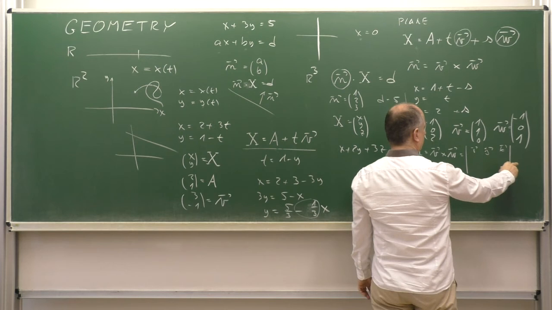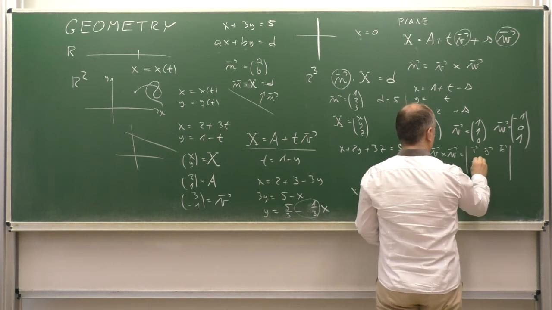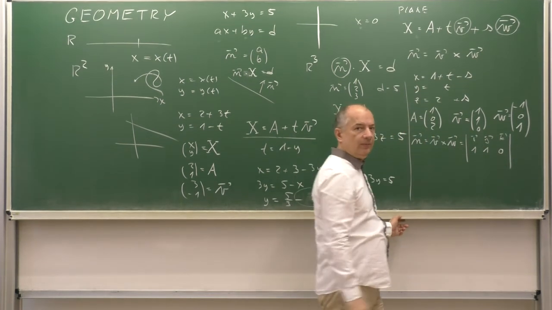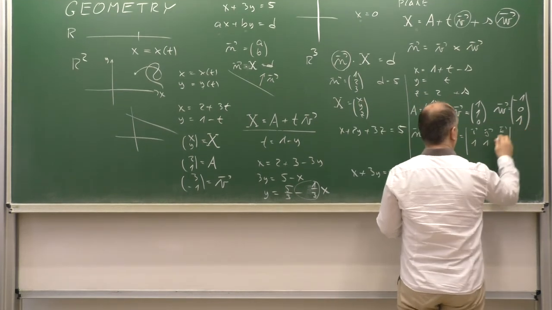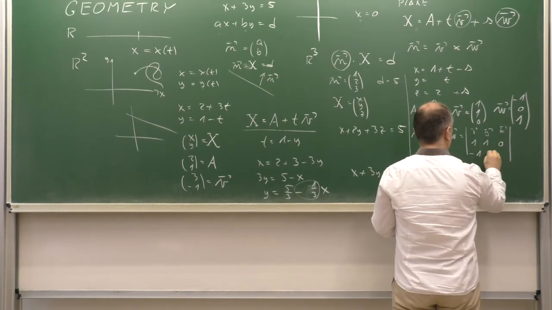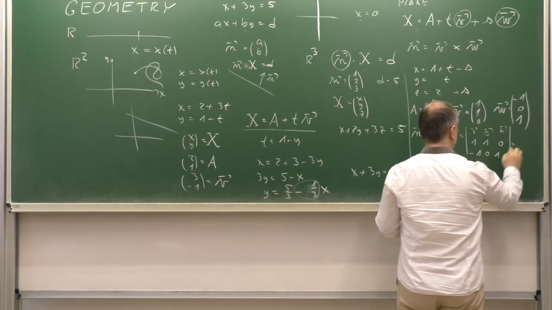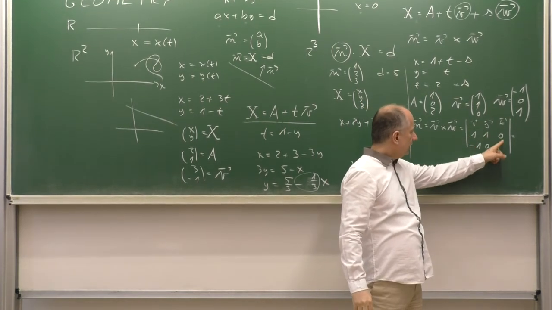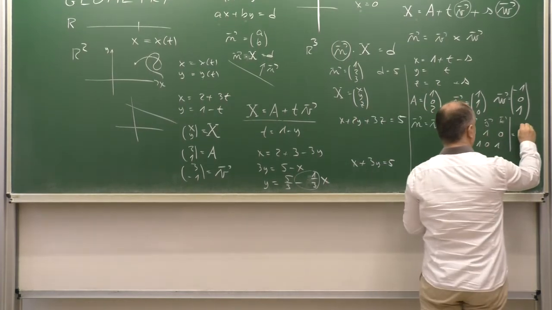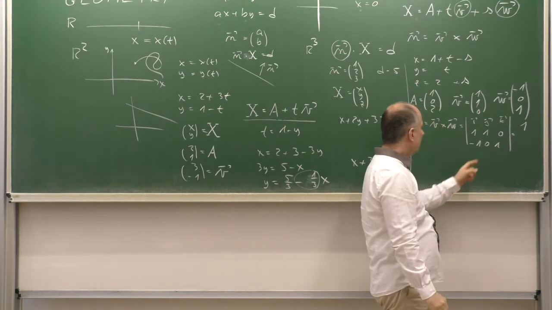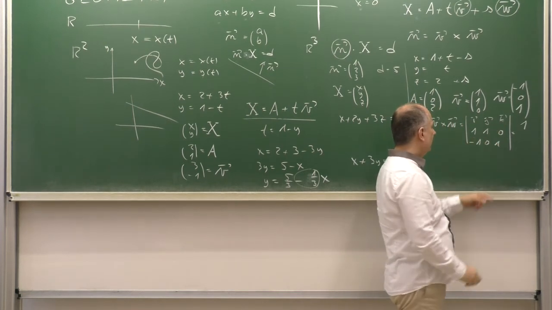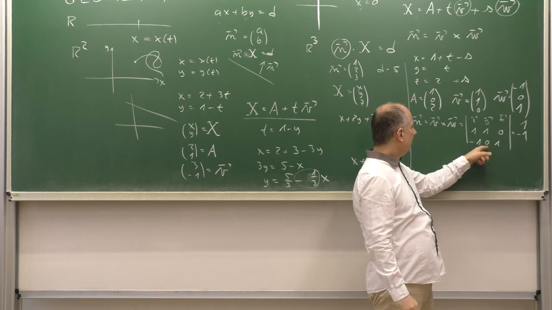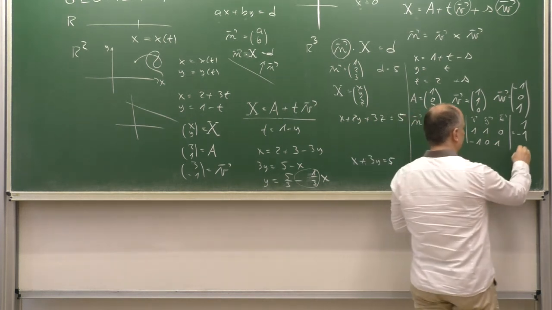On the second row we write the coordinates of the first vector, 1, 1, 0, and on the third row we write the second vector, minus 1, 0, 1. The first coordinate is 1, the second coordinate is minus 1, and the third coordinate is 1.